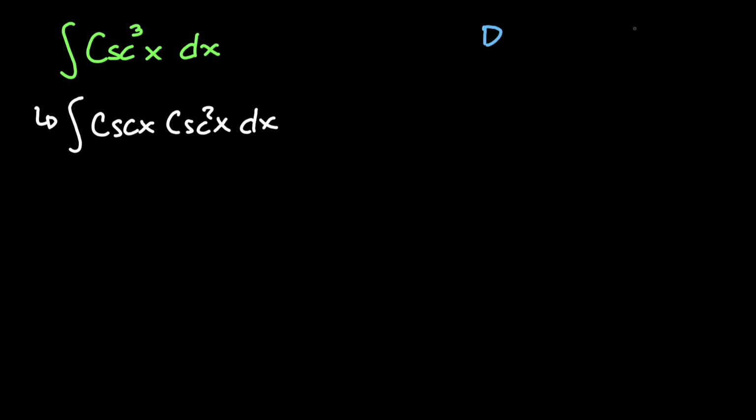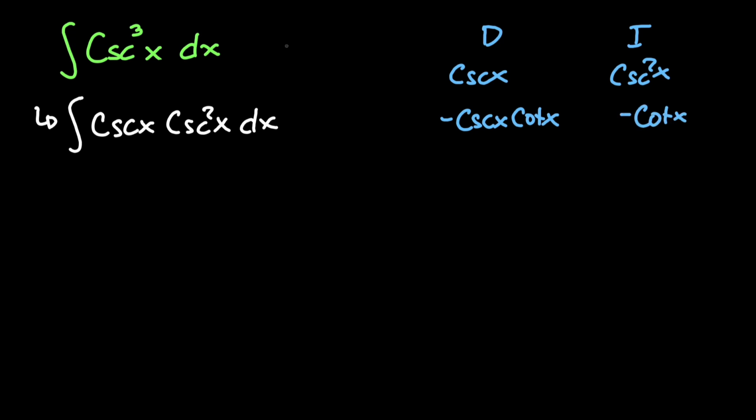So let us use the DI table, which under derivative would be cosecant of x, and under the integral would be cosecant squared of x. The derivative of cosecant of x would be equal to negative cosecant x cotangent of x, and the integral of cosecant squared of x would be equal to negative cotangent of x.